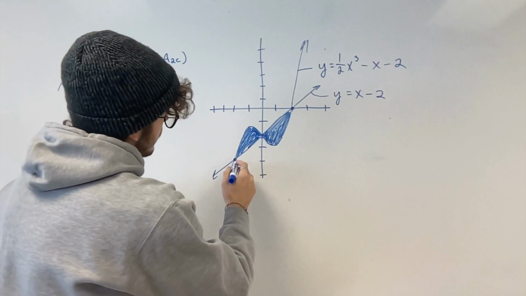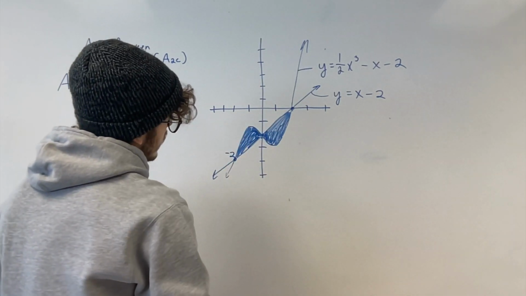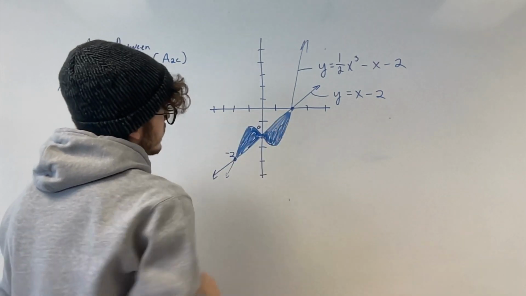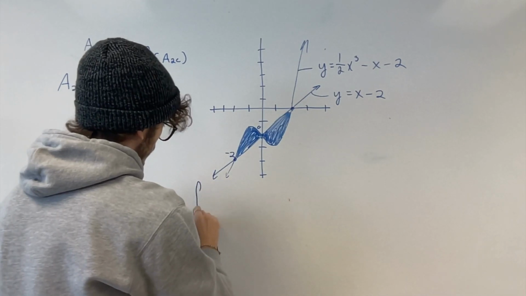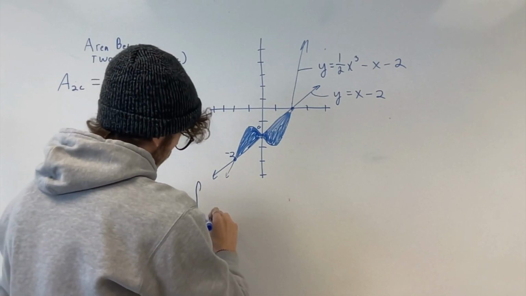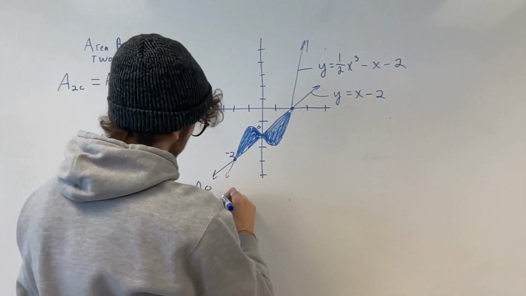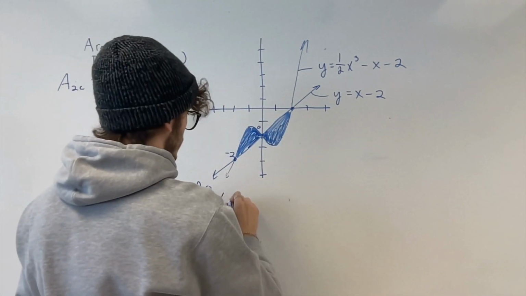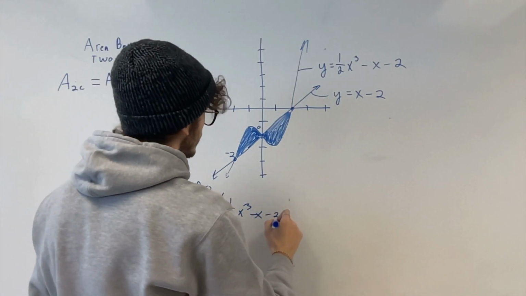At -2 the line begins to intersect, and then it collapses at 0. So we're going to find the integral from -2 to 0 of our top function. Our top function is 1/2 x to the third minus x minus 2.